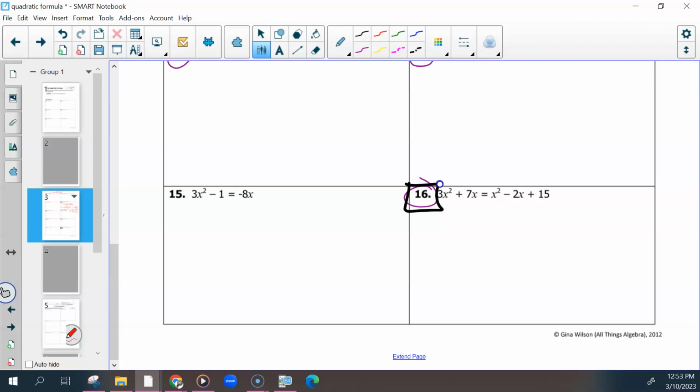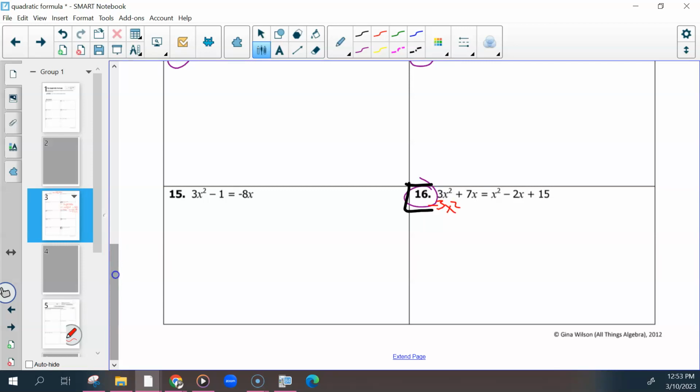We'll either need to move these to the right or move the 3 to the left. Either way, it doesn't matter. I would rather move the 2 instead of moving the 3. It would be a little less work.